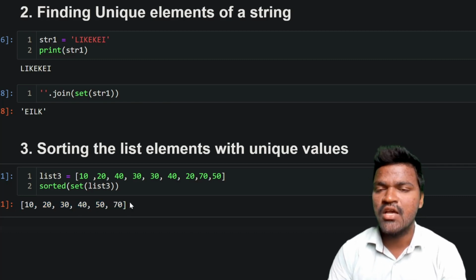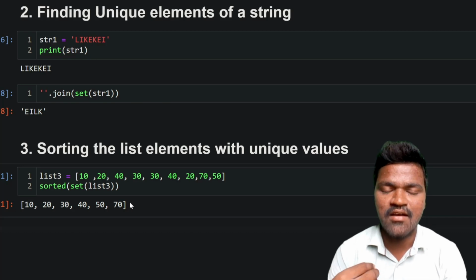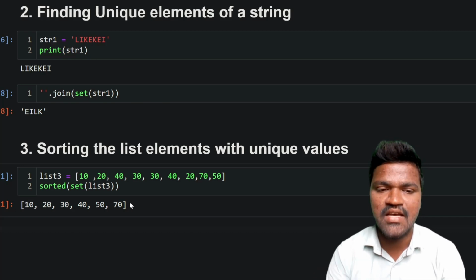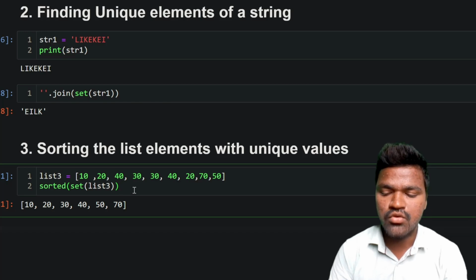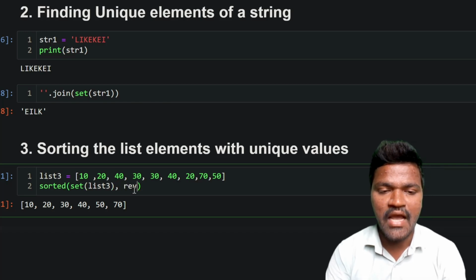So we are getting the list in the ascending order, right, which means starting from the lowest values and going to the highest values. We can reverse these values and get the elements in the descending order also. To do that, I can use this particular reverse.